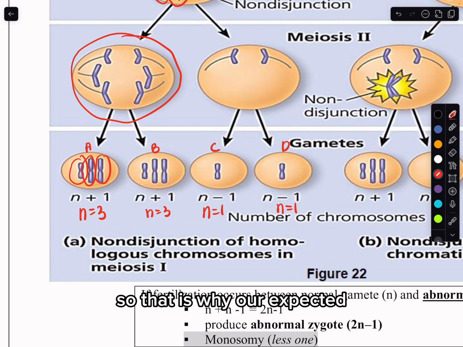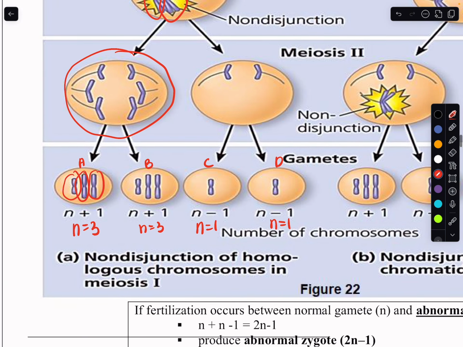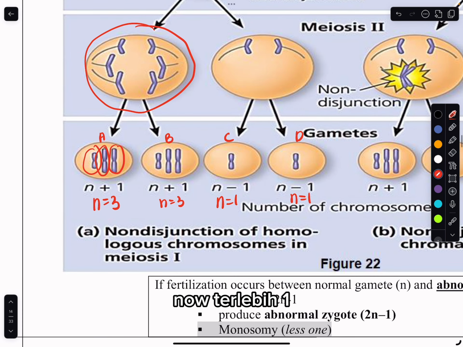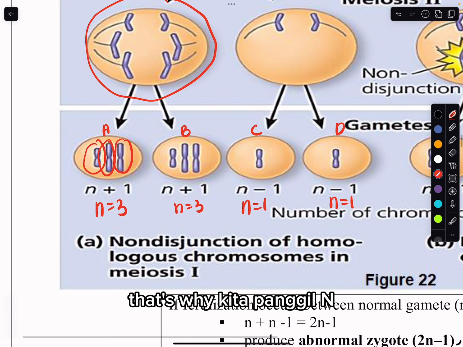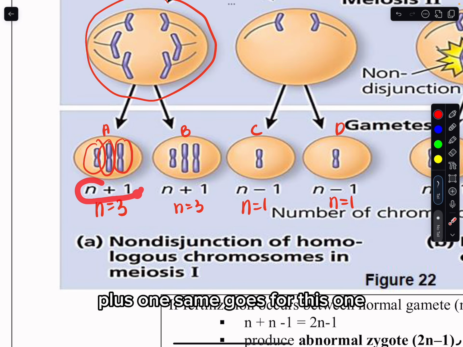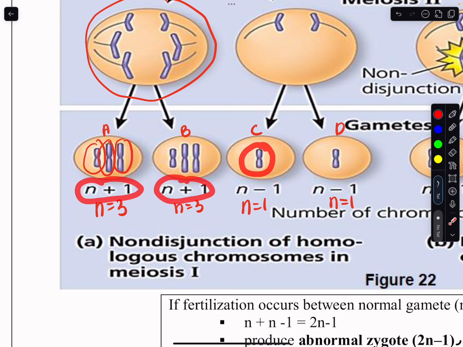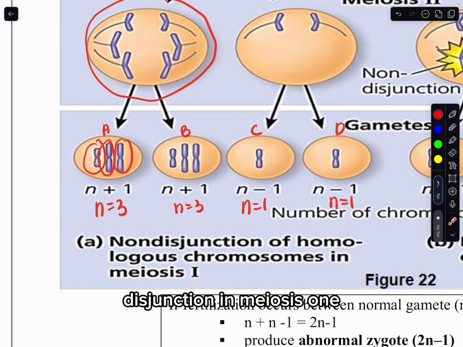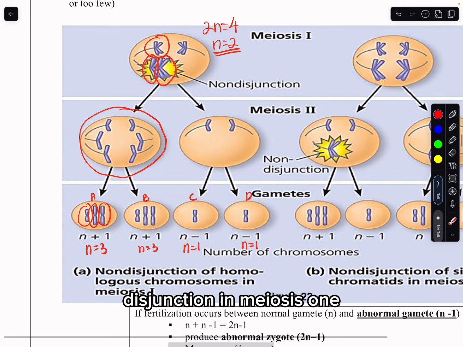So that is why our expected daughter cell adalah n equal to 2. Now, terlebih 1, that's why kita panggil n plus 1. Same goes for this one. Ini pun kurang 1. So, n minus 1. Okay. So, ini adalah apa yang terjadi bila berlaku nondisjunction in meiosis 1.